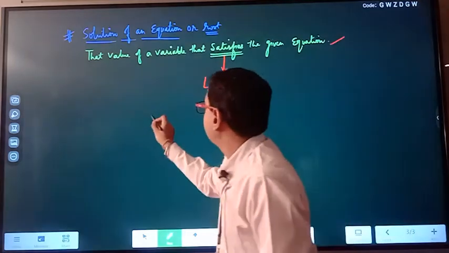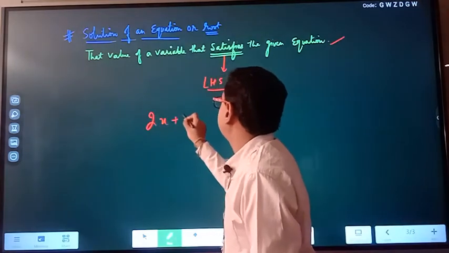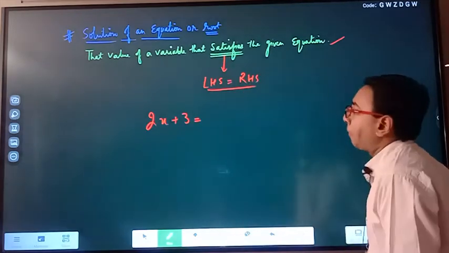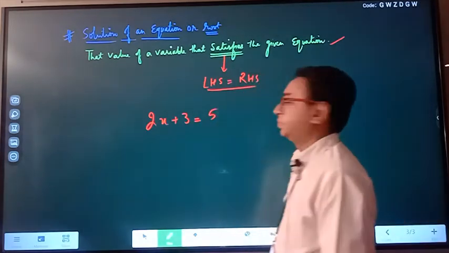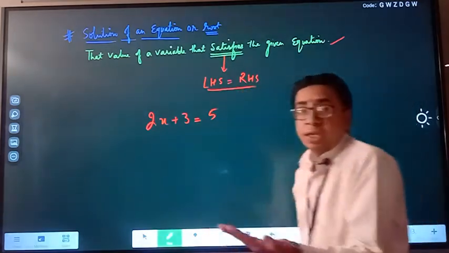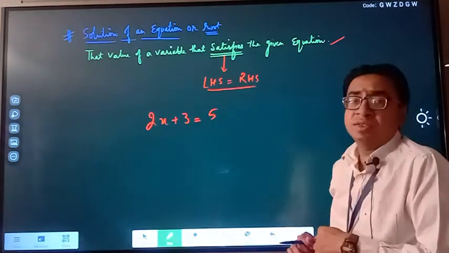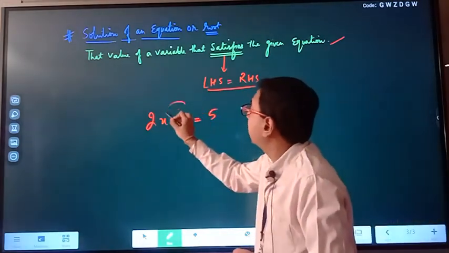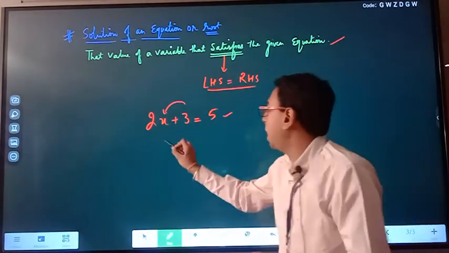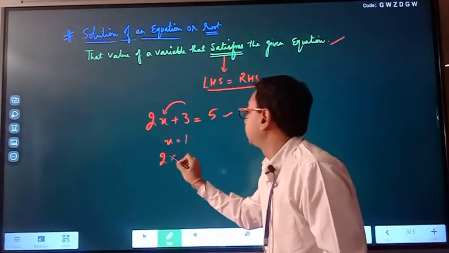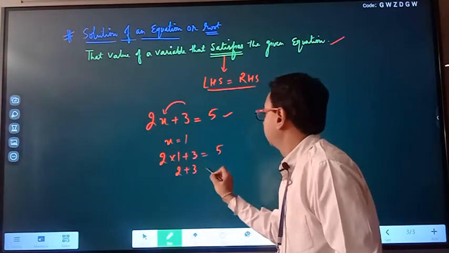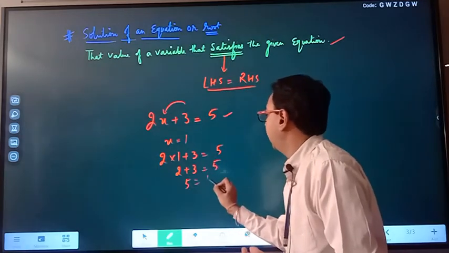For example, 2x plus 3 is equal to, let me make it 5. Now, what value of x should I put so that LHS is equal to RHS? Clearly, if I put x equal to 1, 2 into 1 is 2, 2 plus 3 is 5. So, x is equal to 1. 5 is equal to 5.